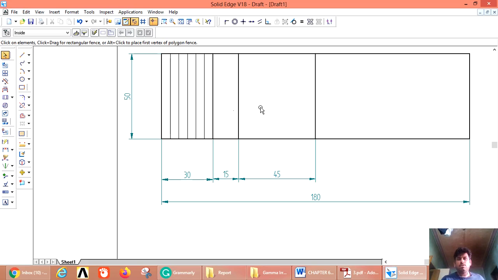So 45 mm should be divided into 6 equal parts. 45 divided by 6 is 7.5 mm.